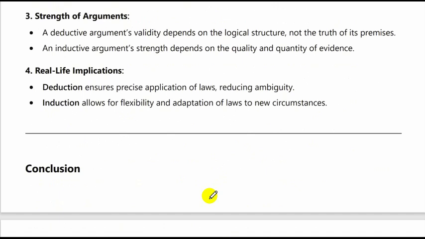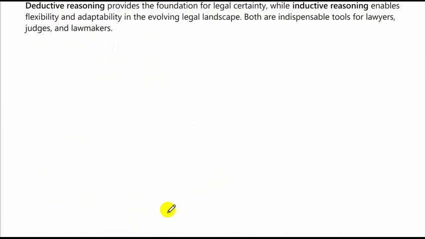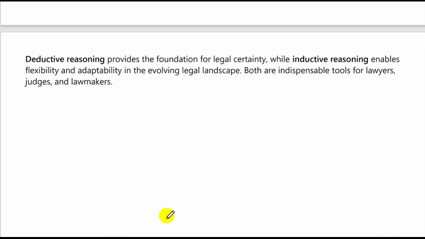Induction allows for flexibility and adaptation of laws to new circumstances. To conclude, deductive reasoning provides the foundation for legal certainty, while inductive reasoning enables flexibility and adaptability in evolving legal landscape. Both are indispensable tools for lawyers, judges, and lawmakers.